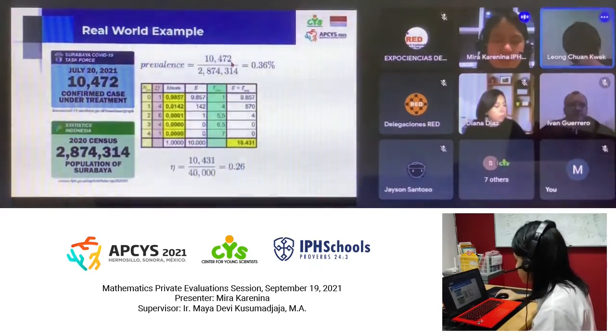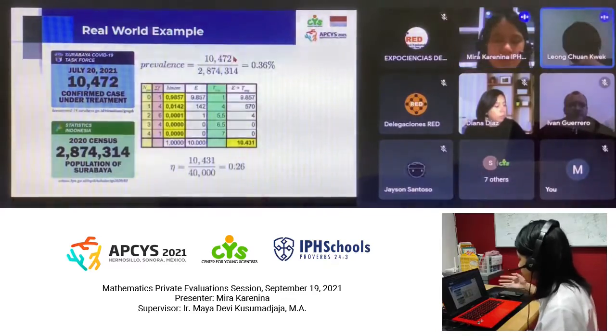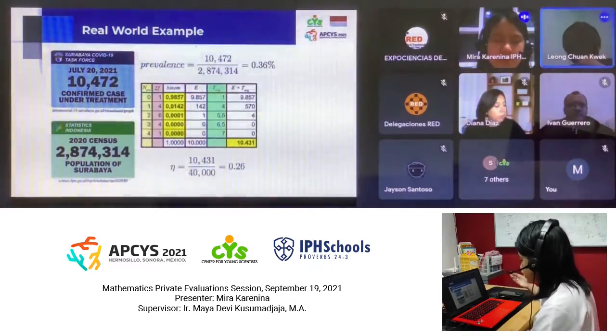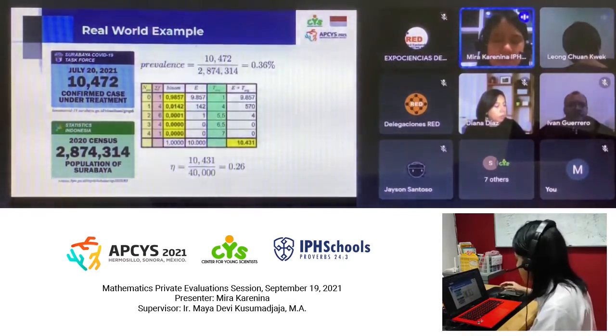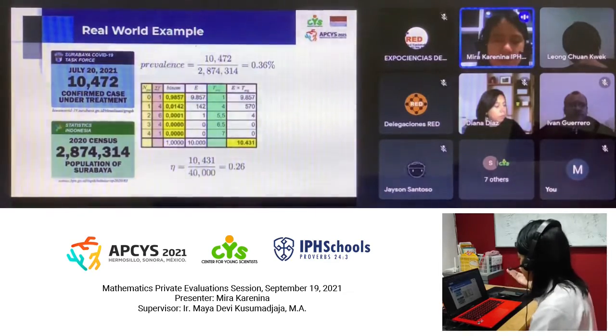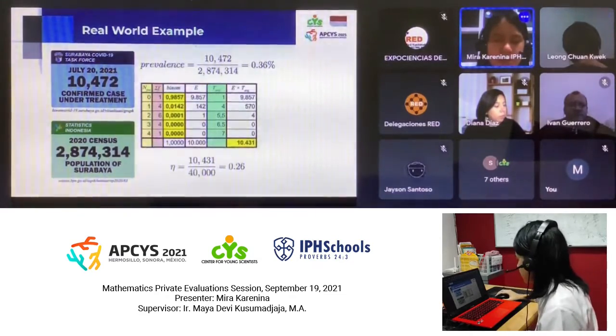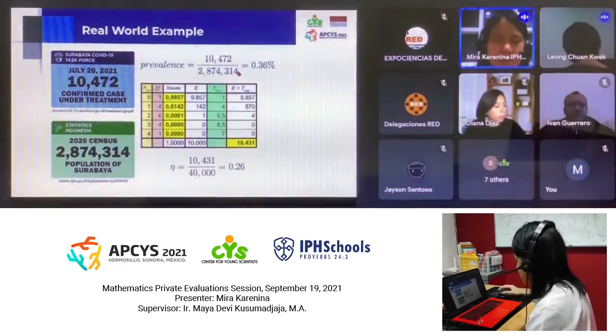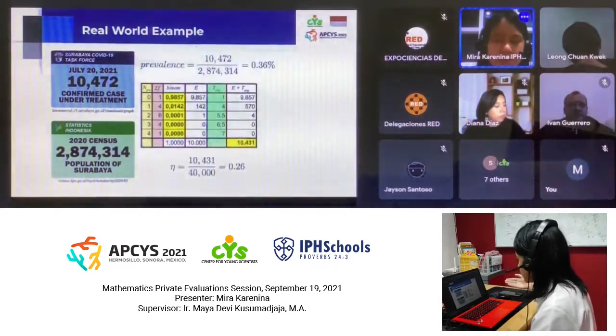We can look at the prevalence rate from the confirmed cases in the region where we want to apply the pool test, and we divide it by the total population in that region.